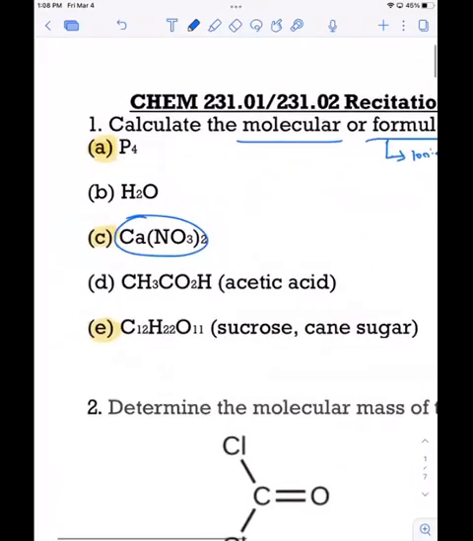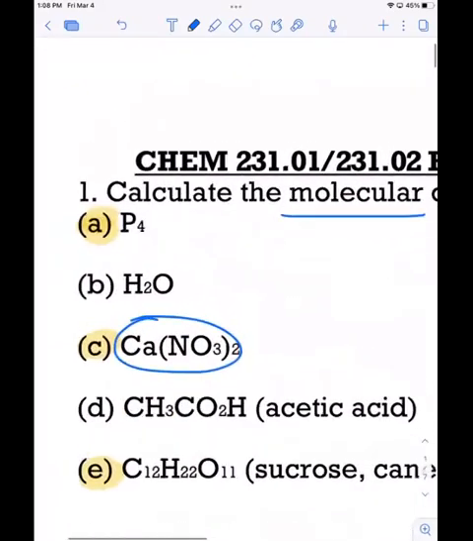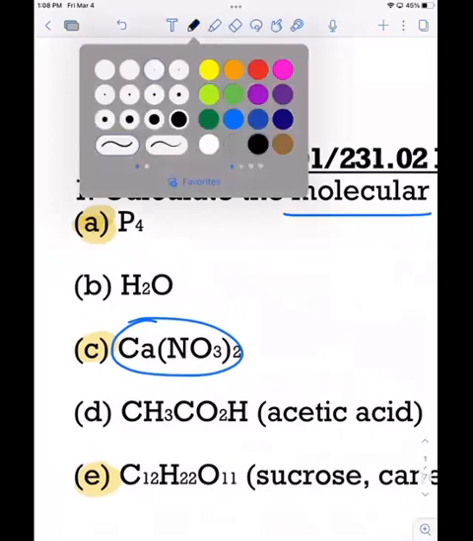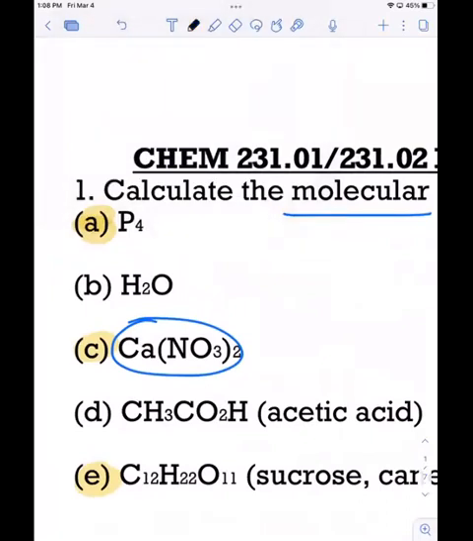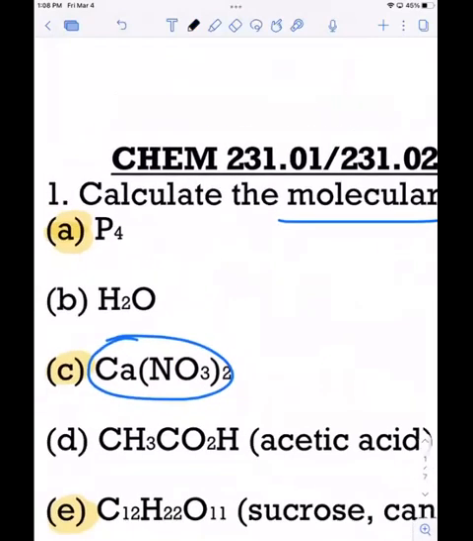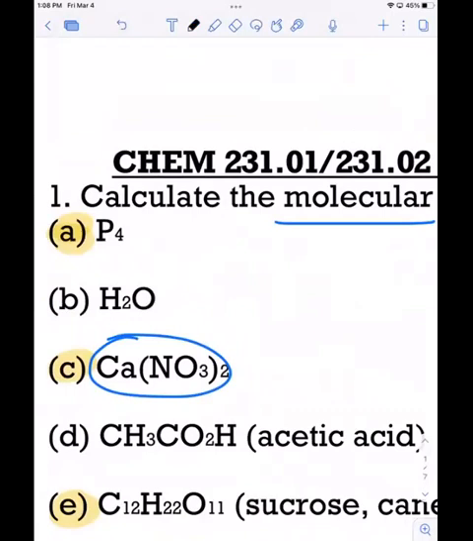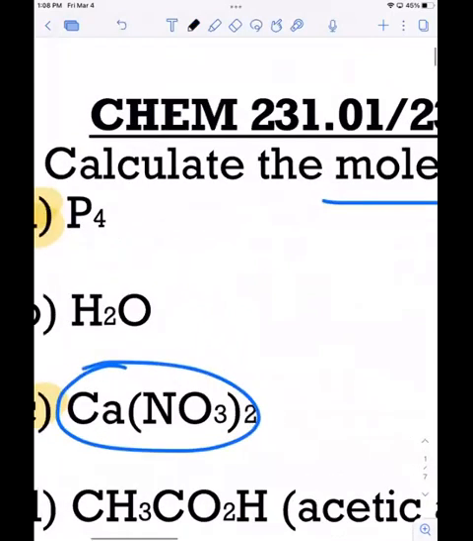All right, so for P4, what will we do here? Somebody look on the periodic table and tell me what the atomic mass is for phosphorus. The atomic mass is 30.9737. 30.97.